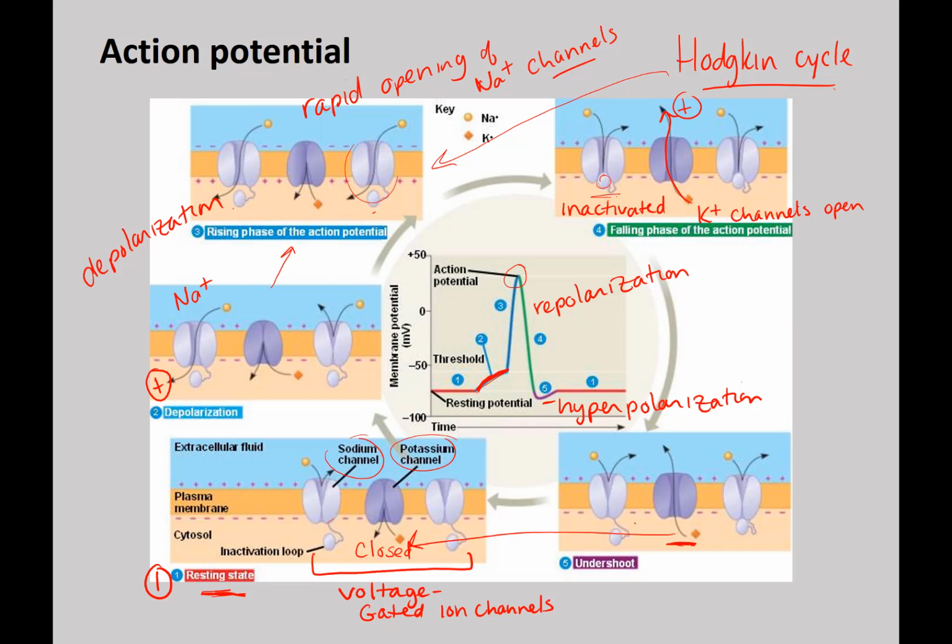Now, the sodium channels also become just closed, not inactivated, right? So everything here is just now closed. So you have this opening of the sodium channels, and then opening of the potassium channels and inactivation of the sodium channels, closing of everything, returning back to normal, and this is called an action potential.